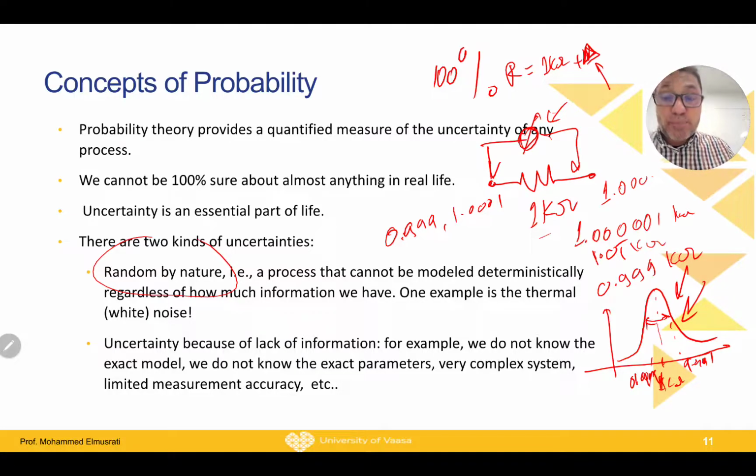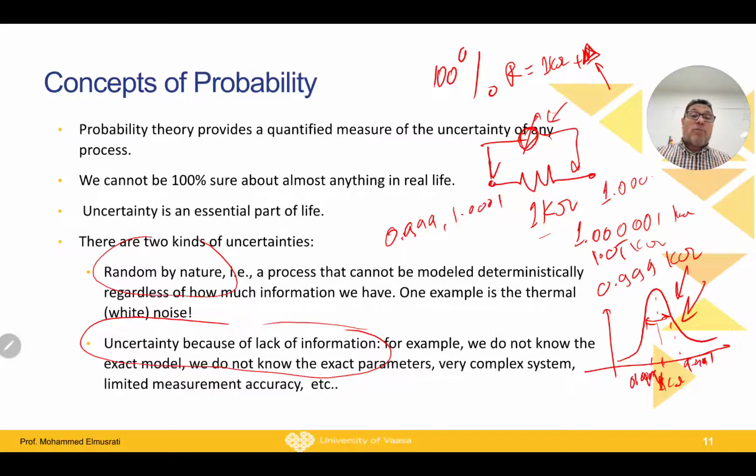It is called the uncertainty principle. Anyhow, we will not go deep into the philosophical debate about this. What we are interested in is the second type, the uncertainty because of lack of information. So we always have a lack of full information.